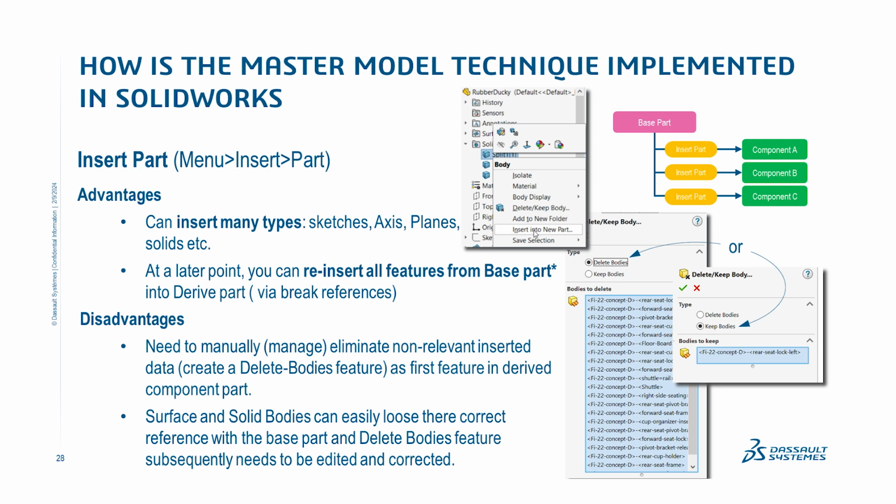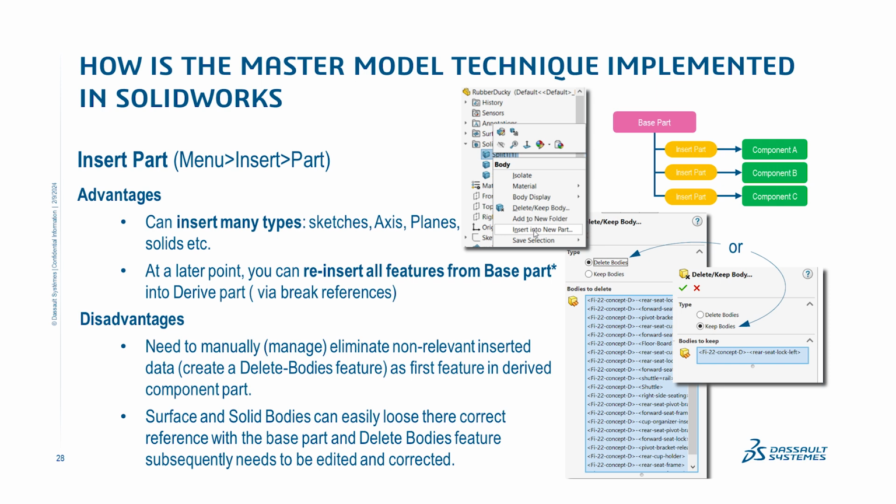The disadvantage of this particular method, as I can see it, is you have to use the delete bodies feature, and because you're using that, it becomes a little problematic. It's because SolidWorks doesn't well understand those bodies when they come in through insert part, and you can easily corrupt this feature, meaning that you have to go back in and reassign the correct body when something in the master changes.